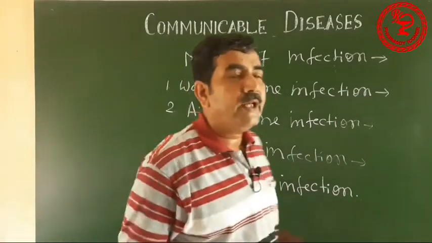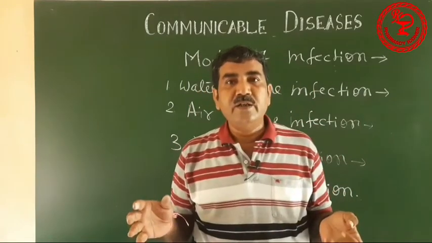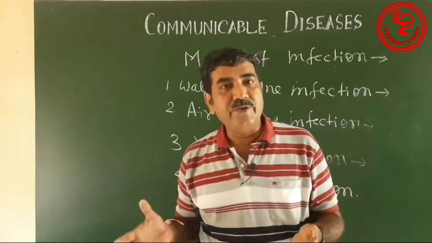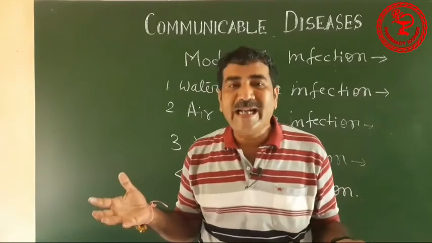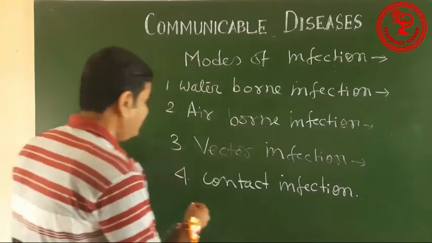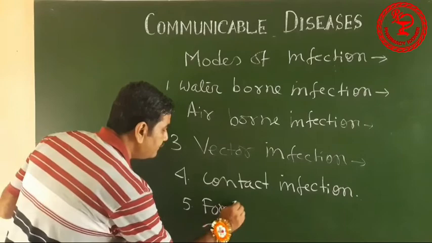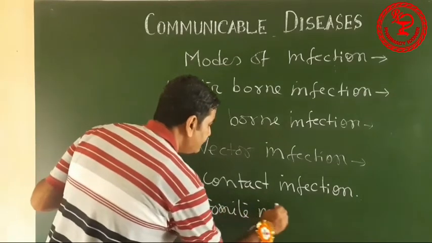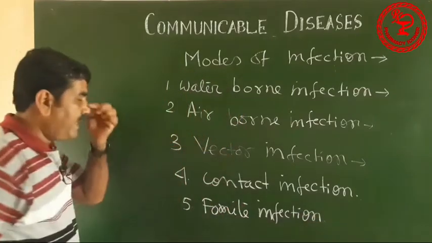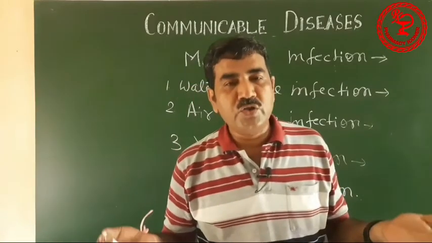Again, there are infections which occur specifically through cloth, like handkerchiefs, towels, etc. These are called fomites. If infection is transmitted through these things, it is called fomite infection, through used cloths.